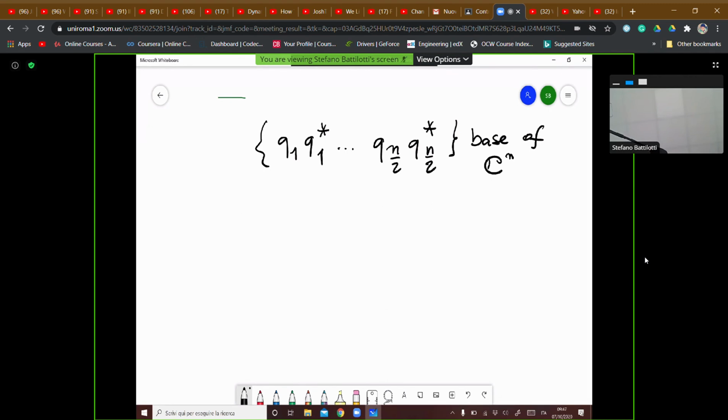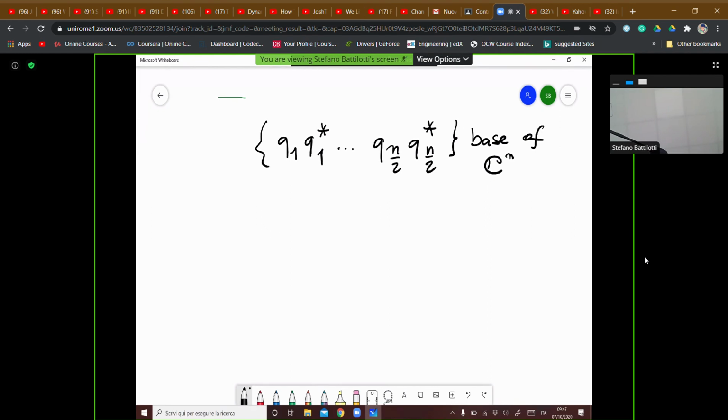We may consider Q1 star through Qn over 2 star, so the complex conjugate eigenvectors, okay? And this, however, is a base of Cn, okay? But we want a base of Rn.